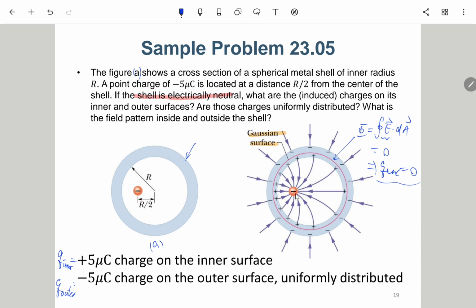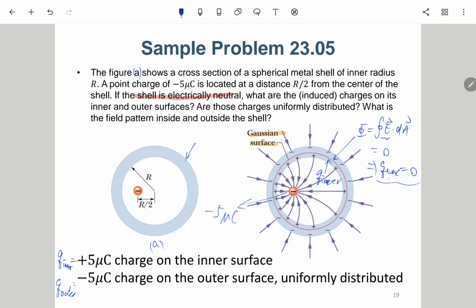And actually this is the negative charge, -5 μC, and the Q enclosed should include Q inner.